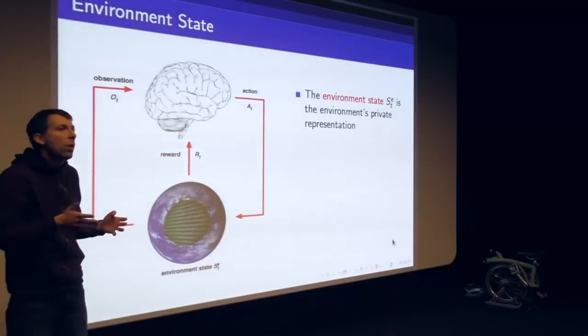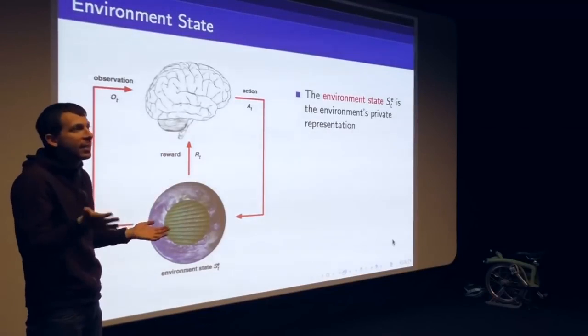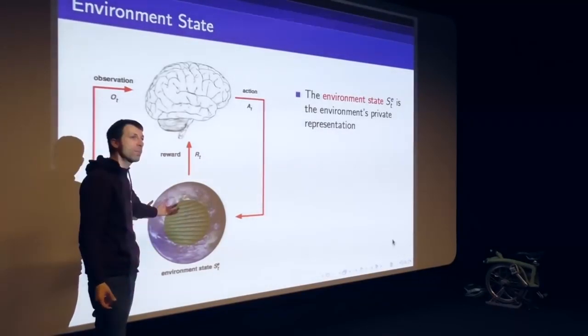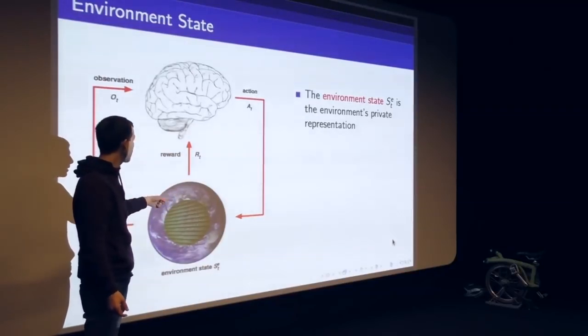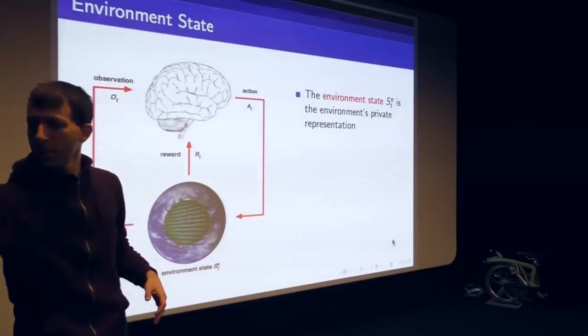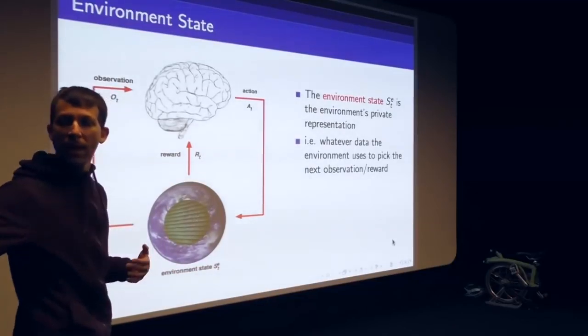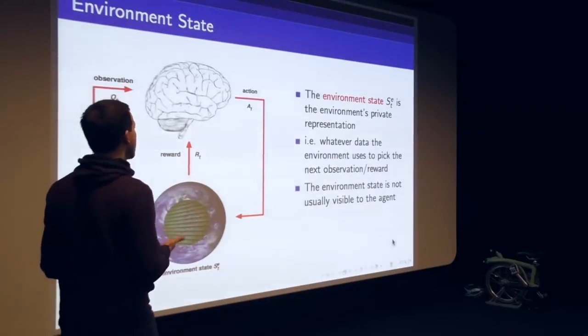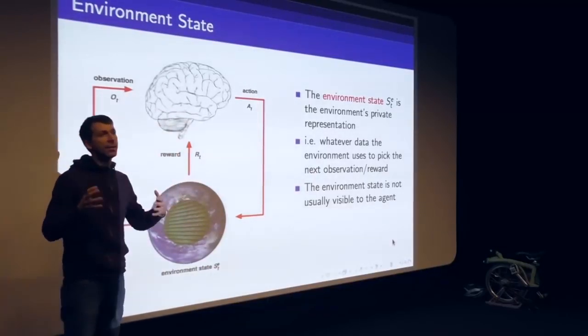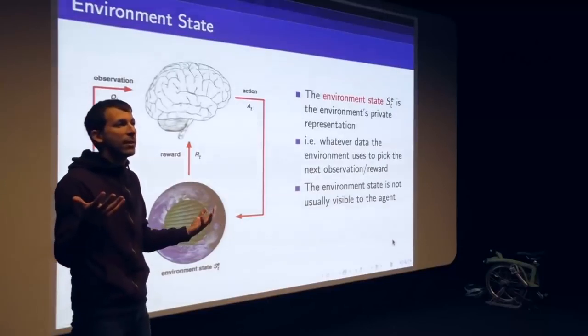This is literally, if you were to informally say what state the environment is in, it's the set of numbers contained in here, the information that is necessary to determine what happens next from the environment's perspective. So the special thing about the environment is that it's not usually visible to the agent. We don't get to look inside our crystal ball, and we don't get to see everything that's happening within the environment.